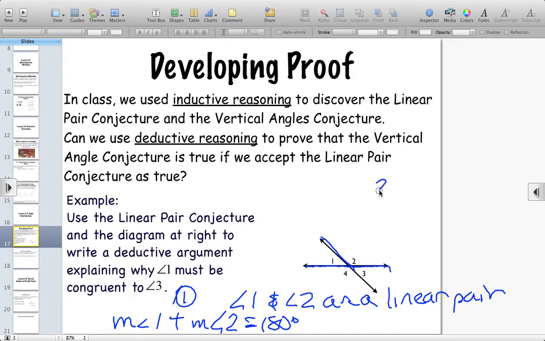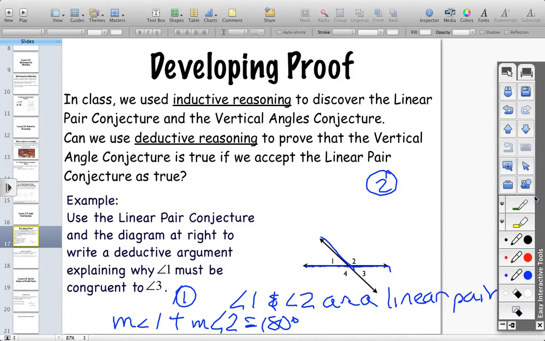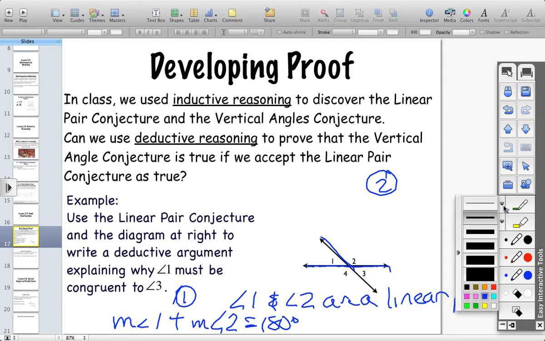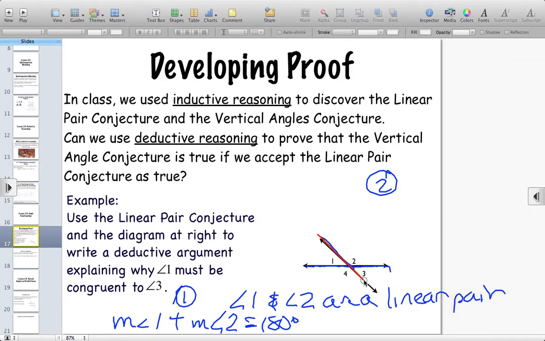Well, then step 2, all right, we have over here, let's change the color so you can see what I'm looking at here. I see that angle 2 and angle 3 are also a linear pair.